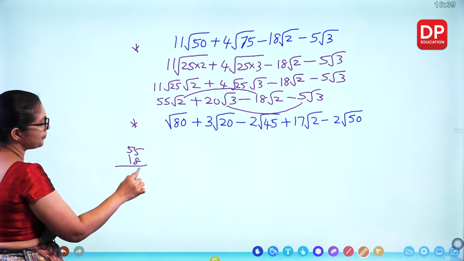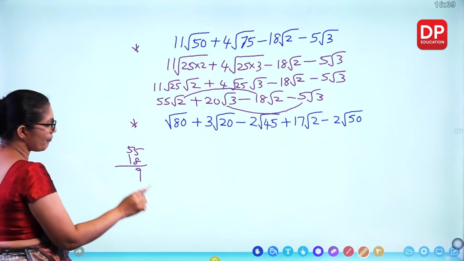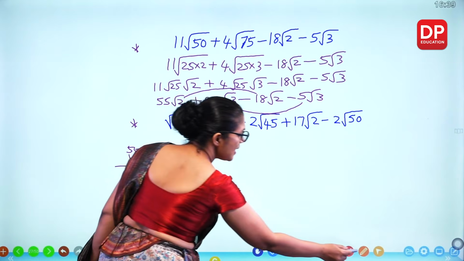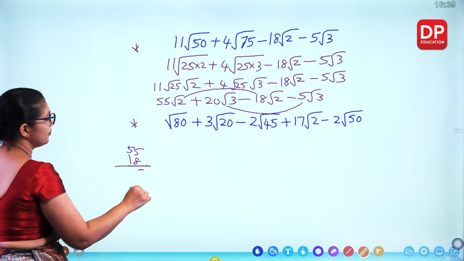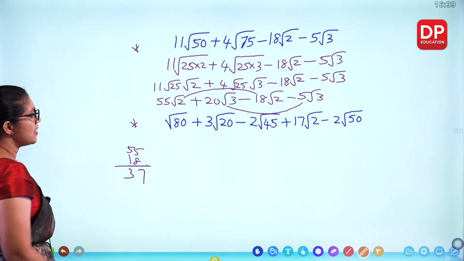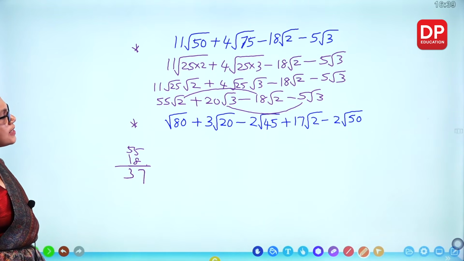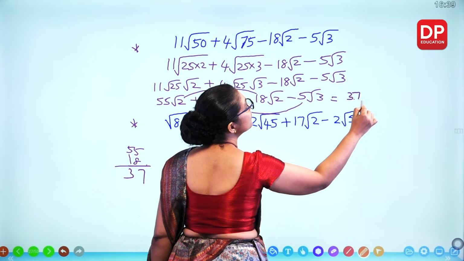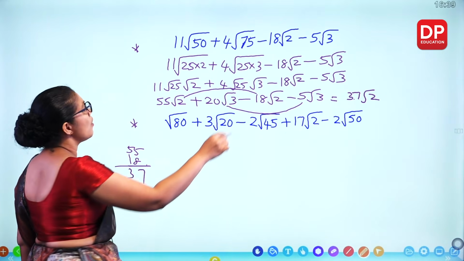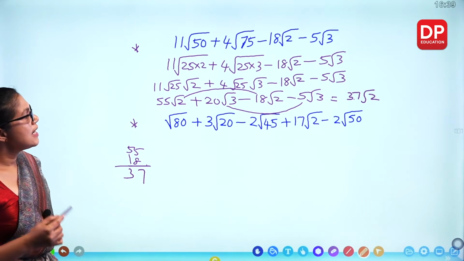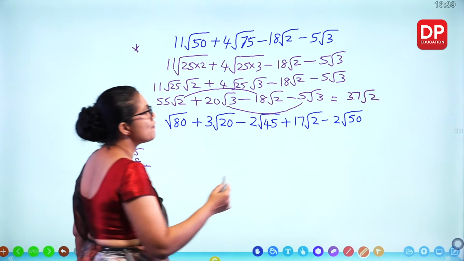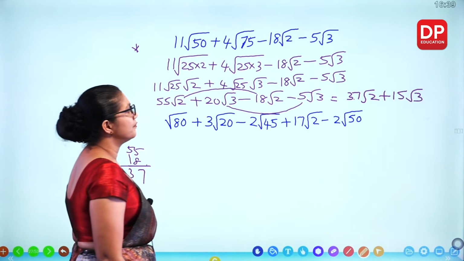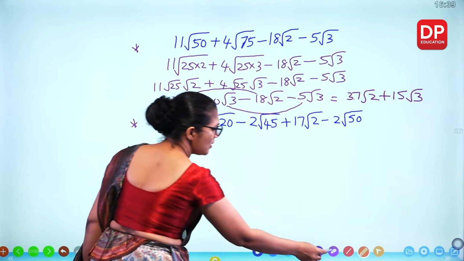You get 37. So 37 root 2. And what is 20 minus 5? You get 15 root 3. Now we'll look at this question.